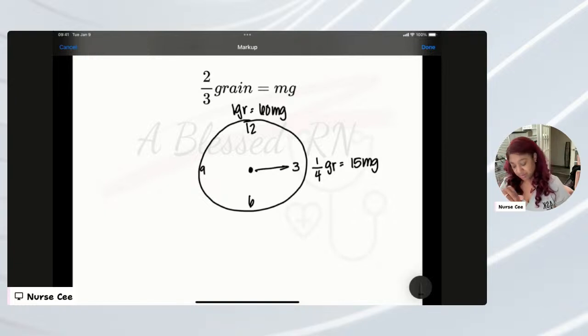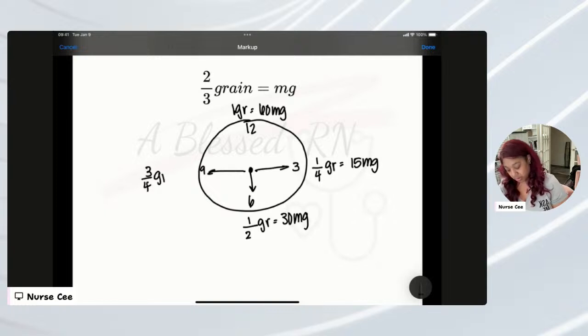Now you go to the 6, that's half past the hour, so 1/2 grain is 30 milligrams. 3/4 is going to be 45 milligrams. And then you go right back up to the 12, and that is 60 milligrams, 1 whole grain. That's how you remember your grains. Not sure if you'll have to use grains in school or if they'll test you on it, but now you know, think about it like a clock.